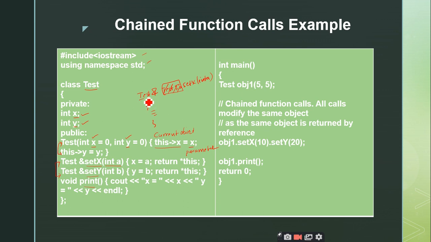So I simply write test ampersand followed by the name of the function and the parameter list. Here you can see what I am doing in this set x: I am just assigning the value of a to x.